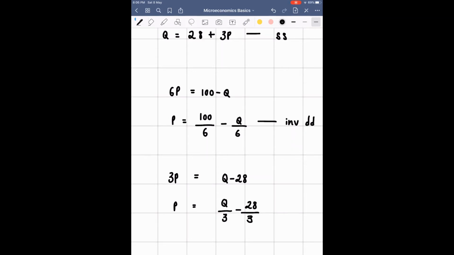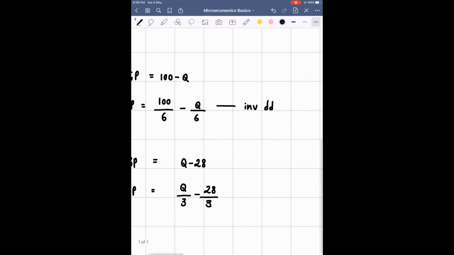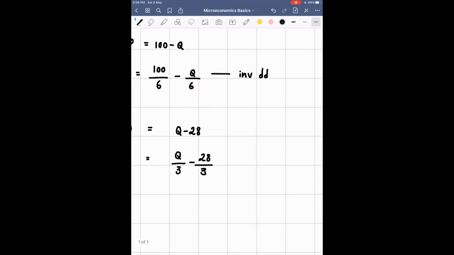Let me just check that once more. 3p equals Q minus 28, P is Q divided by 3 minus 28 divided by 3. Okay, and this is going to be our inverse supply function.